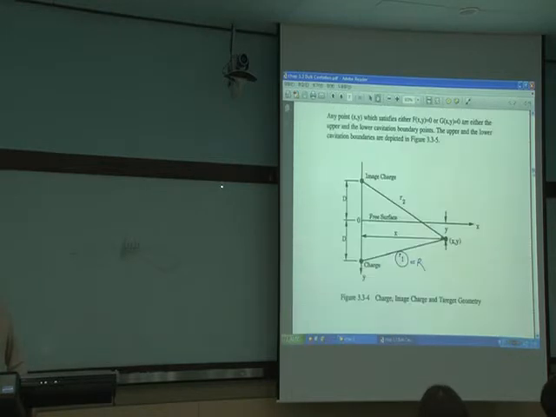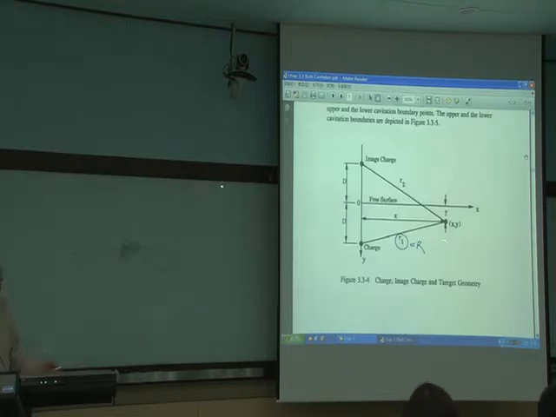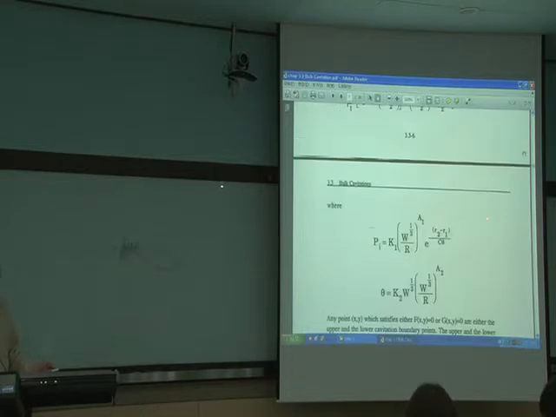So if you look at this, this is a geometry x, y, y. This is target depth, which is y. Okay. Because we are considering this point, whether this point is cavitated or not. That's what we are checking.